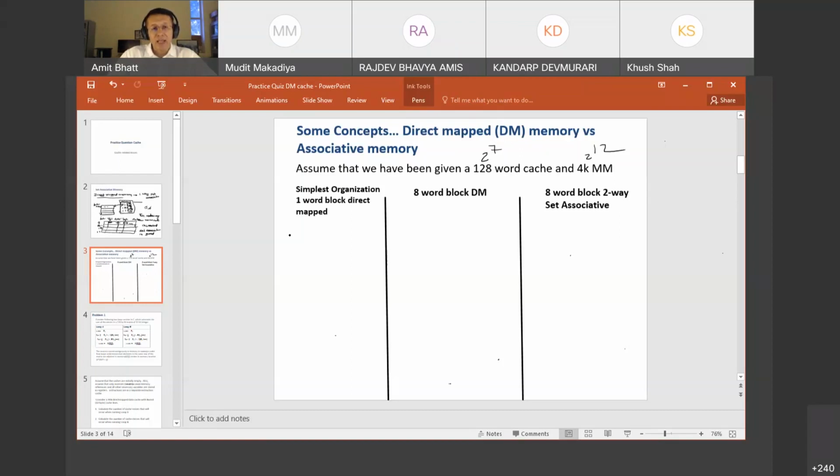So I will have my cache like this. This is my tag. And you call it data or instruction, whatever you want to put here. And this is the index. My index will start from 0 and go to 127.